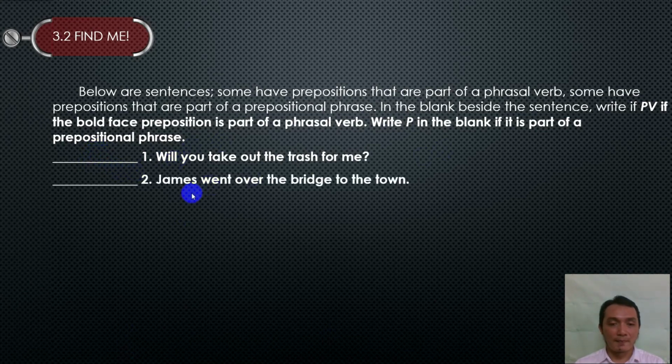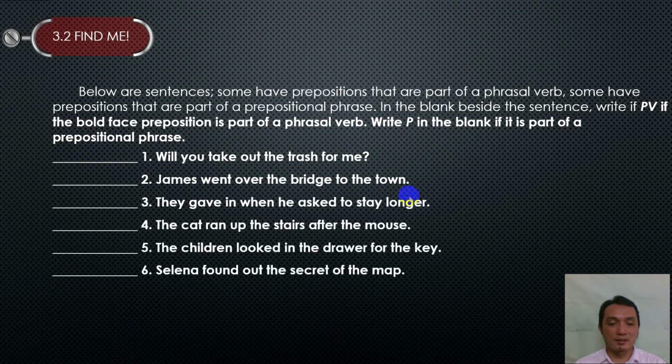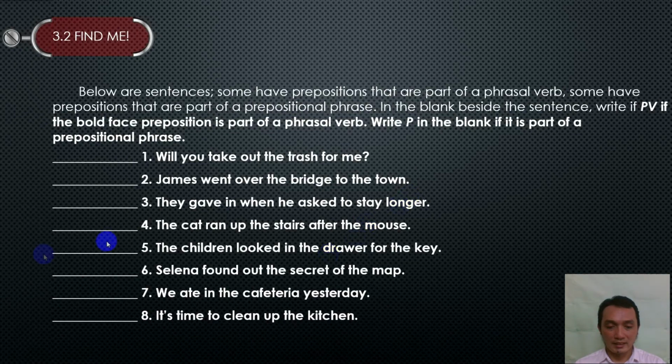As the instructions say, you should put P or PV here. If you write PV, it means that the bold-faced preposition is part of a phrasal verb. We write P if it is part of a prepositional phrase.